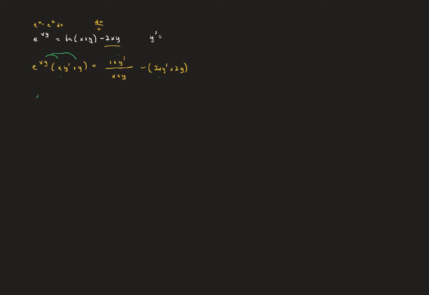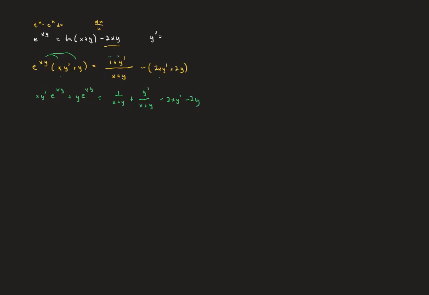So that's going to be xy prime times e to the xy plus y times e to the xy. Now on the other side, we also need to separate these off because one doesn't have a y prime and the other one does, and they're going to need to go on different sides of the equal sign. And then we can distribute our negative sign to get here.